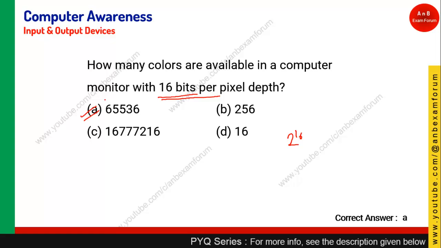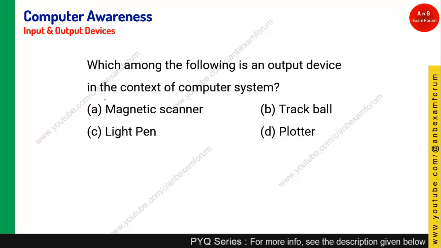Just remember, it is a next level question. I don't know why they have given it. It is not related to computer awareness, it is related to computer science. Those who have a background in computer science should know. Coming to the next question, which of the following is an output device in context of computer system?